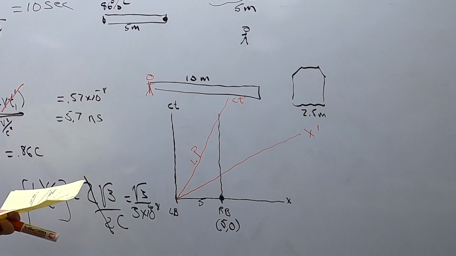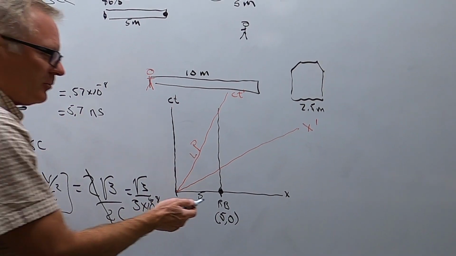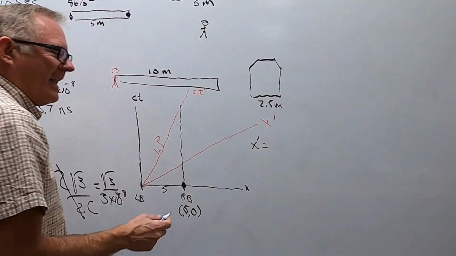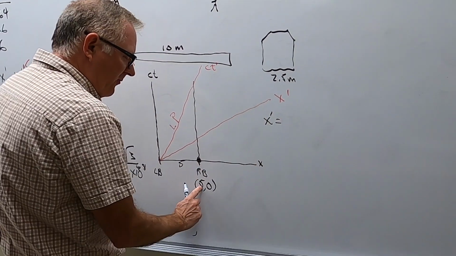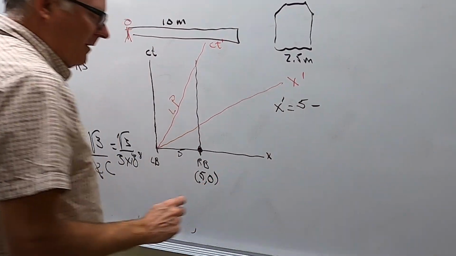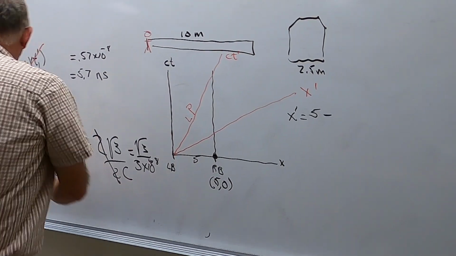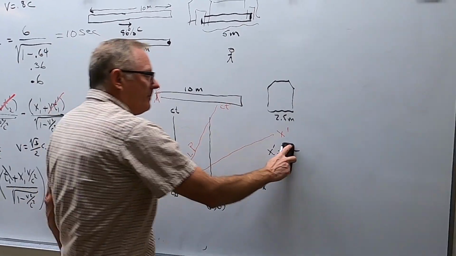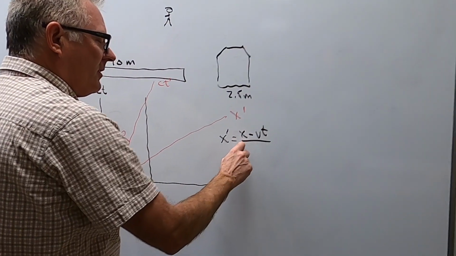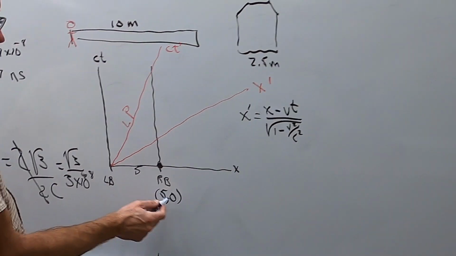Well, we could just plug in our coordinate transformation. Let me write the equation out here first. x prime is equal to x minus vt, all over the square root of 1 minus v squared over c squared. Well, t is 0 there, we just saw.